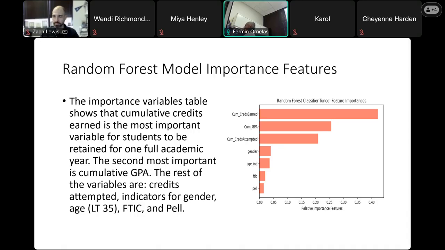Gender, which says if female is equal to 1; age indicator, if the individual was less than 35; FTIC, if the student was first time in college or not; and then Pell, if the student was getting some financial aid or not. Can we go to the next slide?